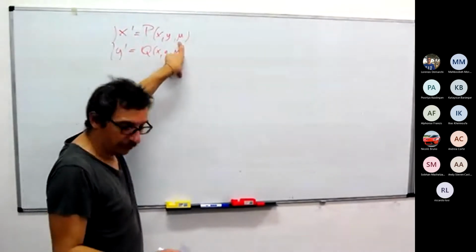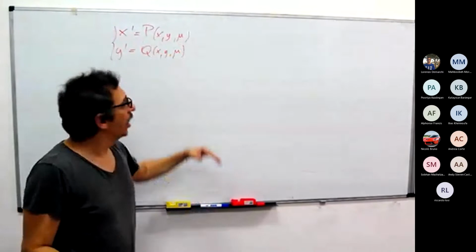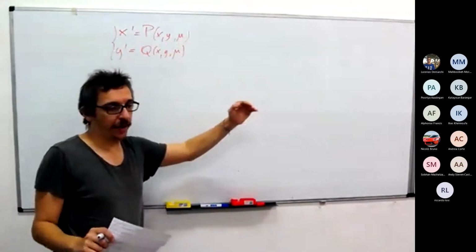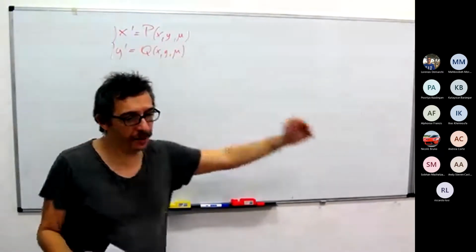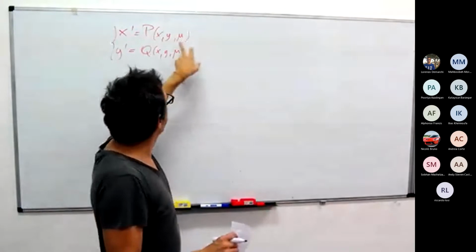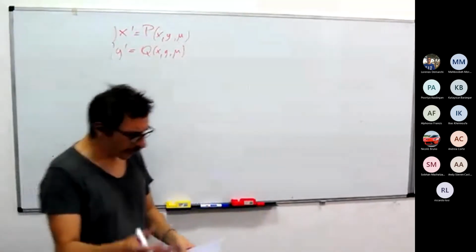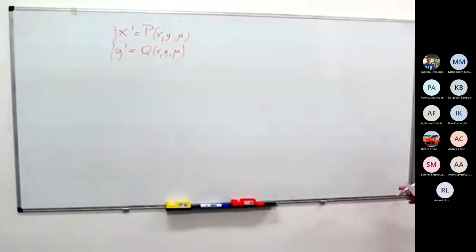The idea is that when I change mu, there are some points of a particular kind whose characteristics change to other characteristics as mu increases or decreases. So I'll give you a very simple example to understand the core of the problem.